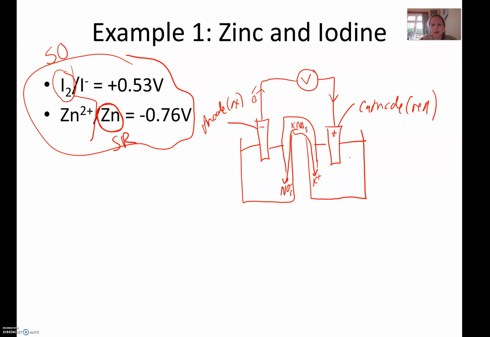So if we start with, for instance, the oxidation reaction, you can write your oxidation reaction. Zinc solid forms zinc 2 plus plus 2 electrons. Okay, now because zinc's a metal, it will be the electrode, so that anode is going to be made out of zinc metal.